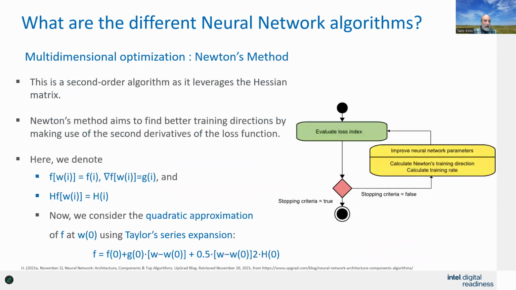We also have what we call Newton's method, very similar. The chart looks identical, but it uses a Hessian matrix. Remember that means we are multiplying and adding together values from a table or multiple tables together.